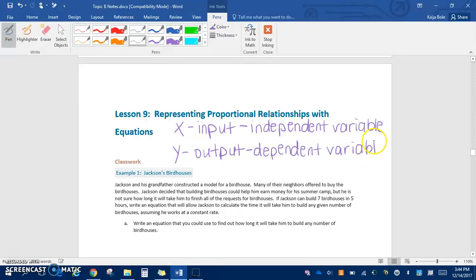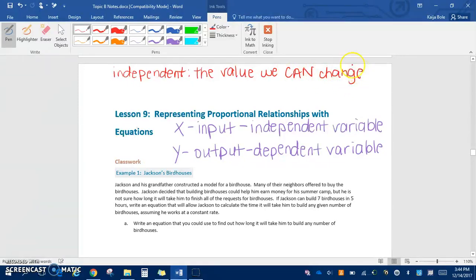So when we talk about independent and dependent, write these up at the top so you have them down. So independent is the value that we can change. Alright, so independent we can change.